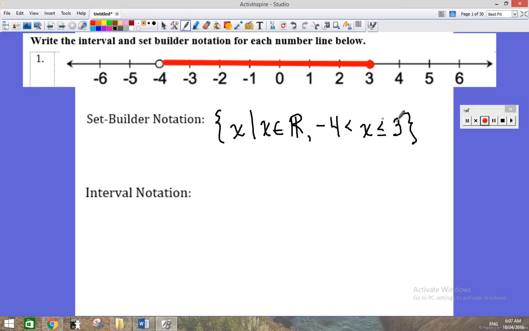Now, there were some people that tried to write it as a union, and that would be incorrect. It is also an acceptable answer, although we did not write it like this in class, would be if you were strictly greater than -4, intersected with, meaning and, all of the numbers that are strictly greater than -4, and at the same time all of the numbers that are less than or equal to 3.